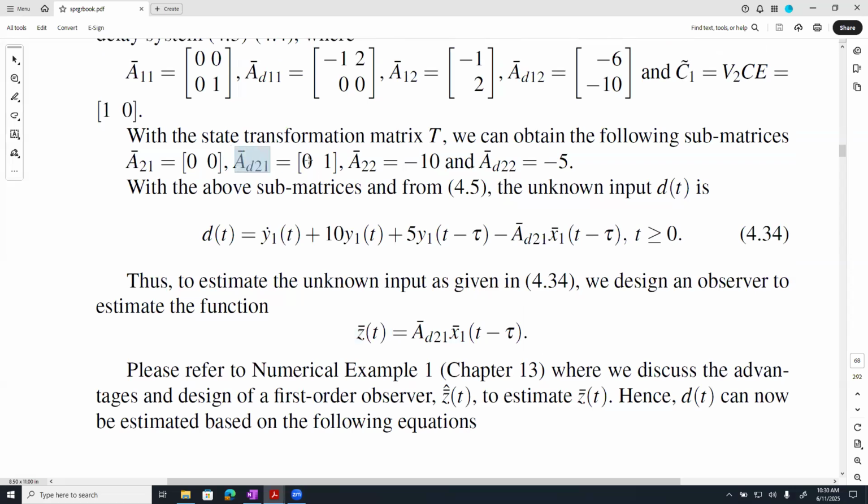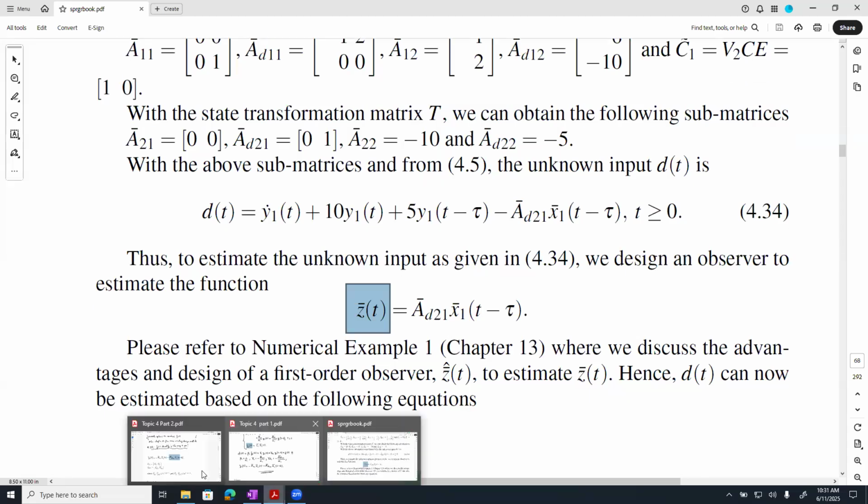Now, when we look at this row matrix, it's basically 0, 1. So what happened in here is that it contains the second stack variable of the stack vector x bar 1 of t. All right.